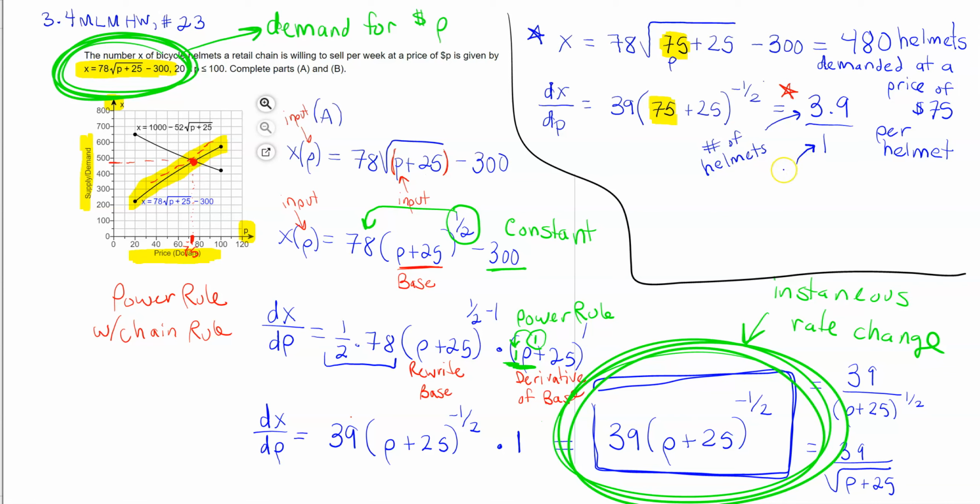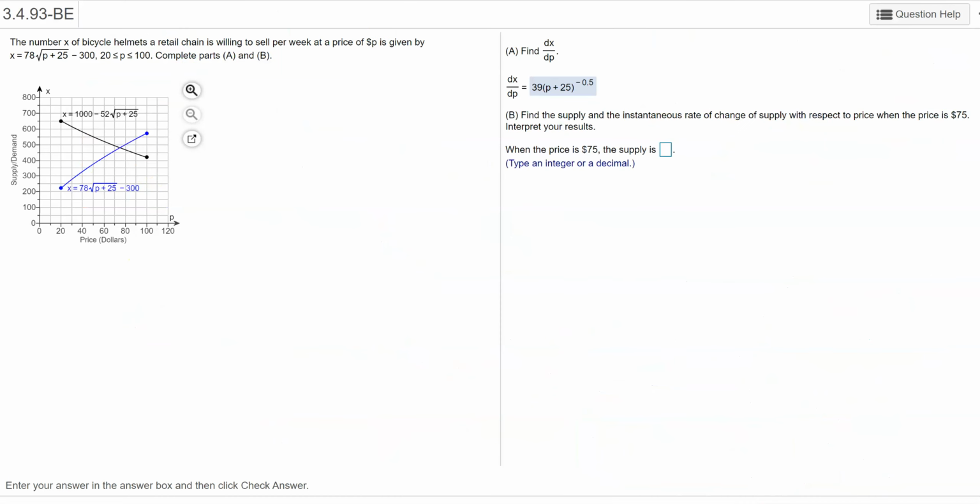So the input was the price in dollars. So when I interpret this instantaneous rate of change, I'm going to say that demand is increasing by 3.9 helmets per each dollar increase in price. So let's go put all of that into my math lab to see what that looks like.